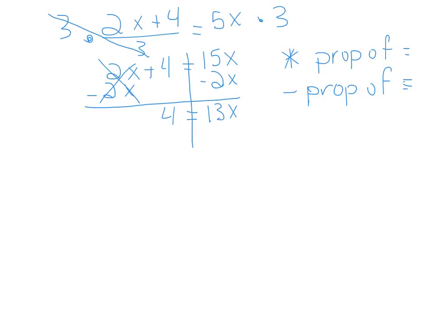Now, I almost have x by itself, but that 13 is in the way. And that 13, don't forget, is multiplied by the x. So in order to get rid of multiplication, we must do the opposite. We must divide. So I need to divide on both sides by 13.